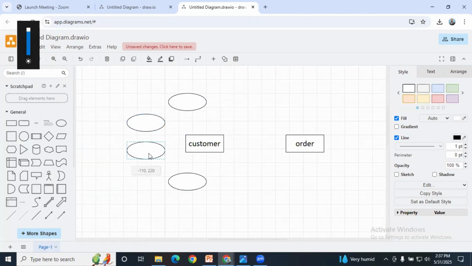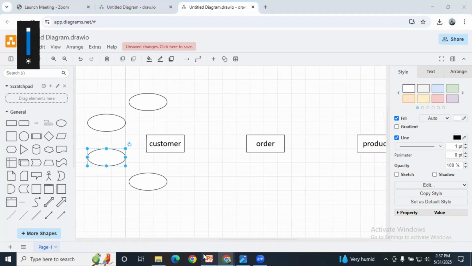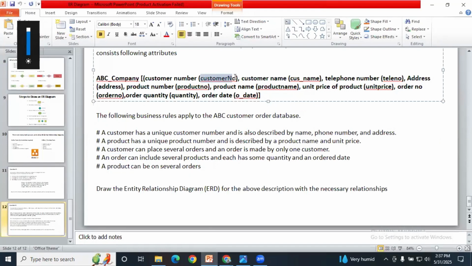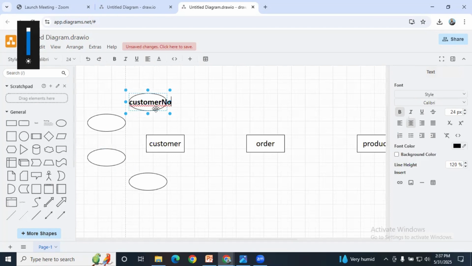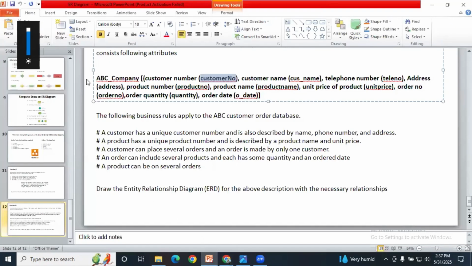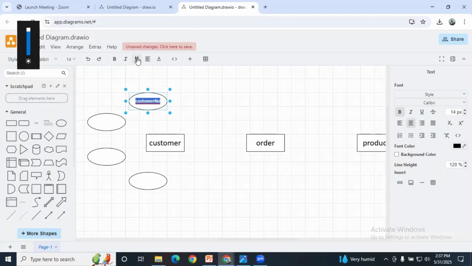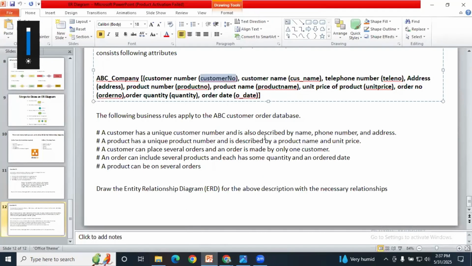So what is the first one? Customer number. So you want to replace this with the first attribute. They are mentioning the customer number is unique, so you can mention it is a primary key. The next is the name, phone number, and address.